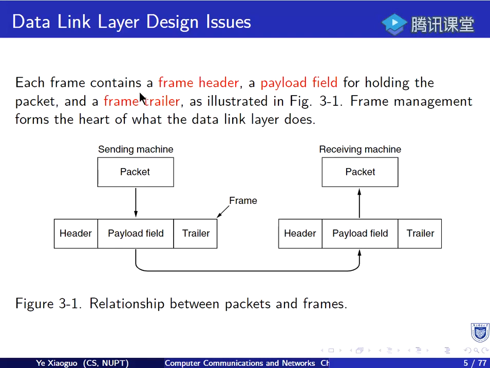Each frame contains a frame header, a payload field for holding the packet, and a frame trailer, as illustrated in figure 1. Frame management forms the heart of what the data link layer does.